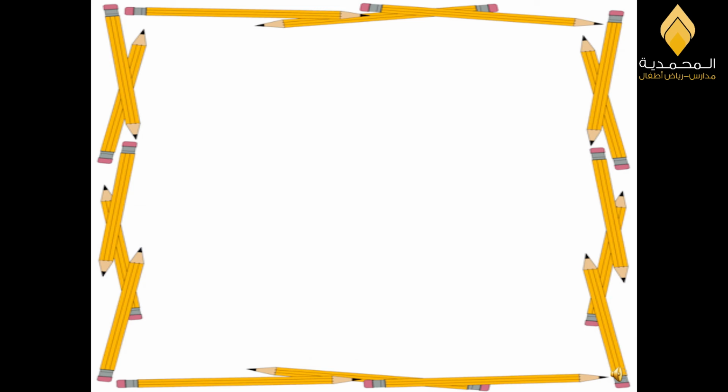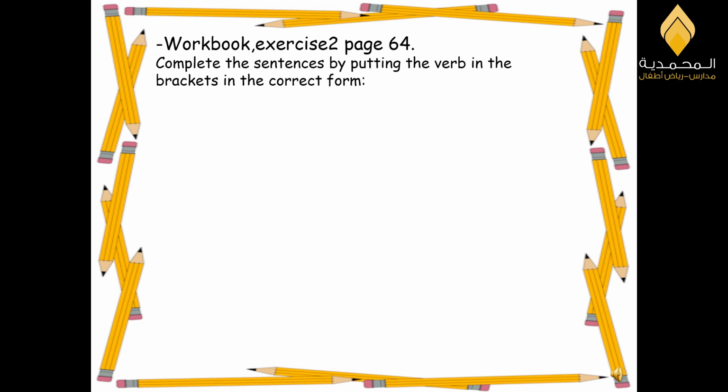Okay, now let's do exercise number 2, page 64 from your workbook. So please, open your workbook with me and let's do the exercise together. Complete the sentences by putting the verb in the brackets in the correct form. Sentence number 1. I'm really tired. If only I go to bed early last night.